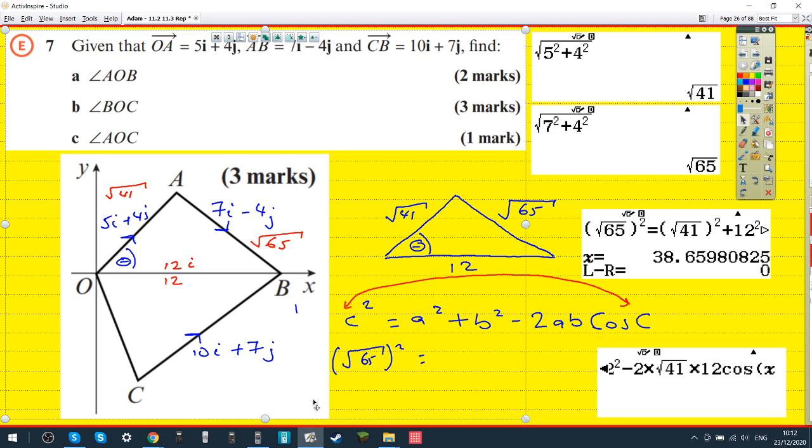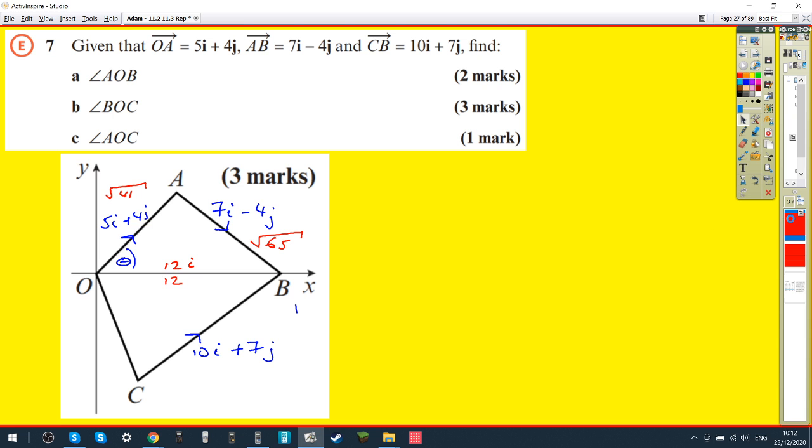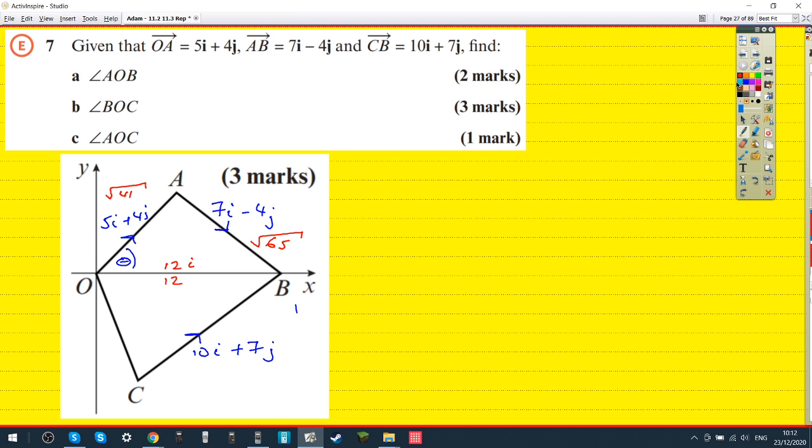Oh, we did square root 7 squared minus 4. Which did you do? 10 and 7? Yeah, I did 10 and 7. Yeah, that'll work. Which gives you square root 149 for that side. Okay. We know OB is 12. Okay.